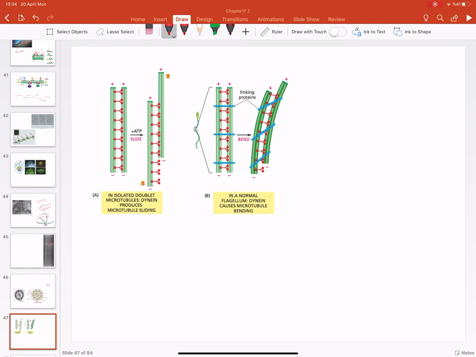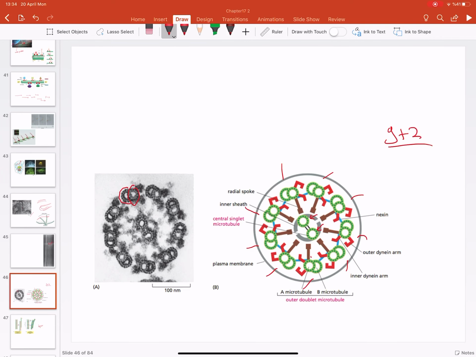For example, in this case, there are ciliary dyneins. And these dyneins, when the energy is given, they walk on the surface of the other microtubule dimer, and this is not a real dimer. Remember, it is the structure.